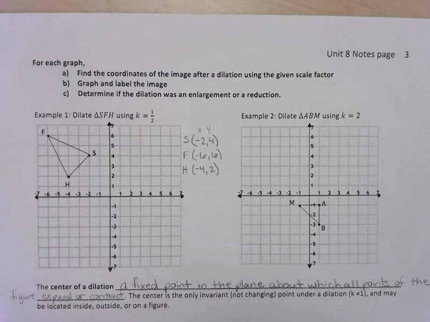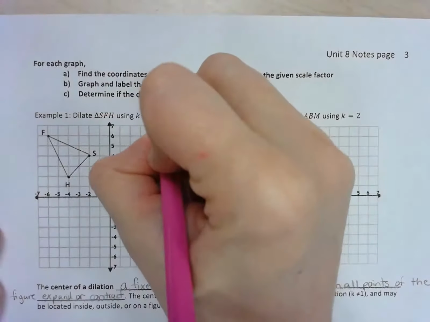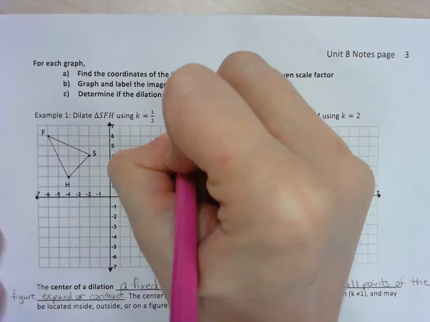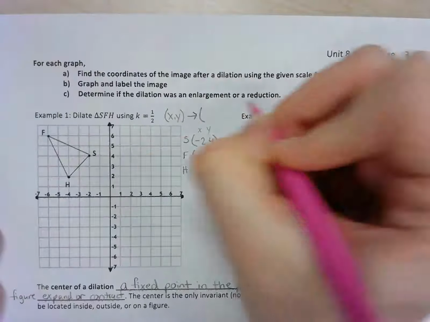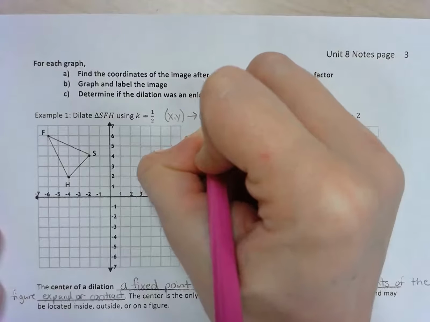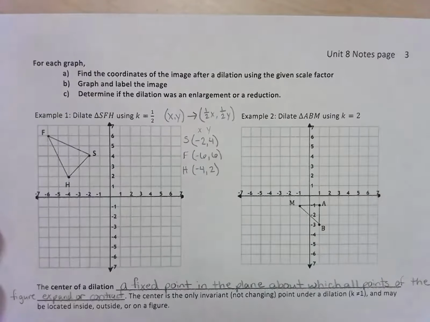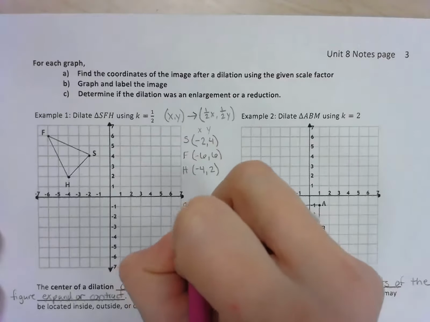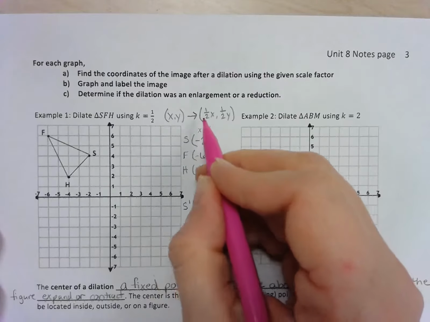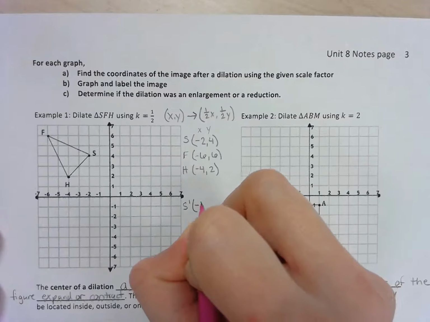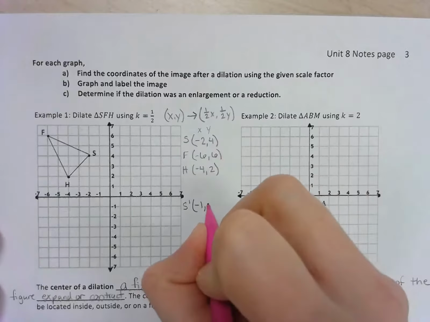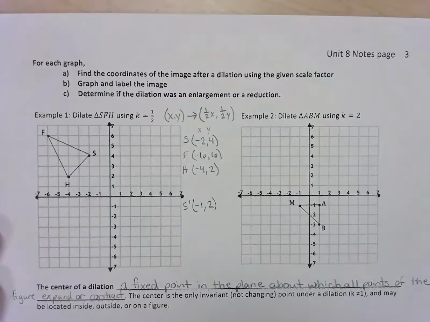Now using our scale factor, we were told to use K equals 1/2, and we will find the coordinates of the image. In our coordinate notation, we're going to take our XY ordered pair, and to dilate it, we're going to take 1/2 times our X and 1/2 times our Y to find our new ordered pair. For S prime, -2 times 1/2 is -1, and 4 times 1/2 is 2.